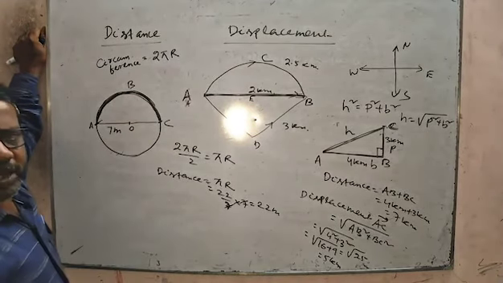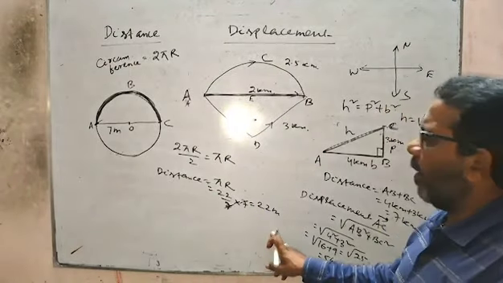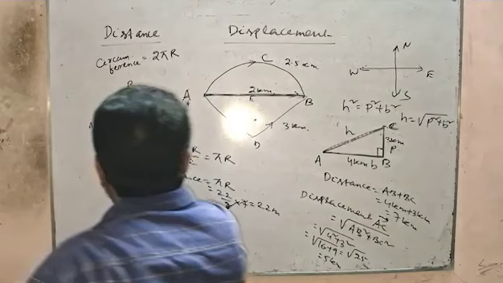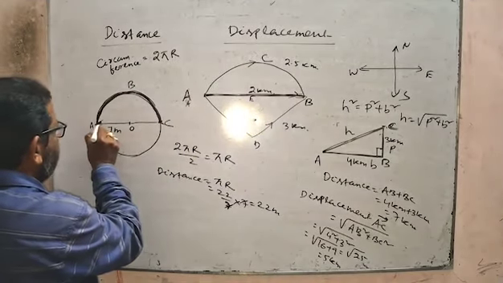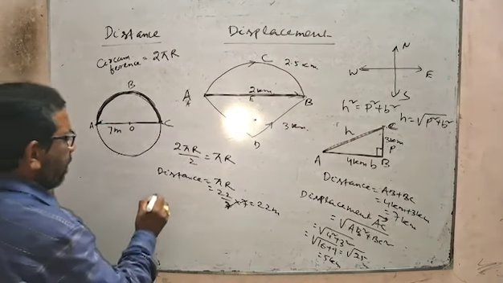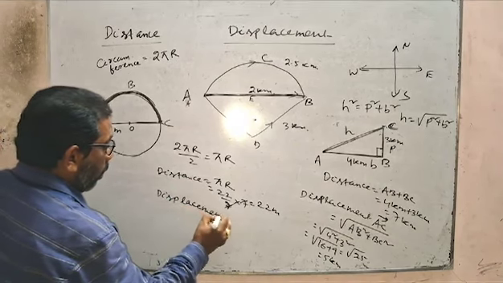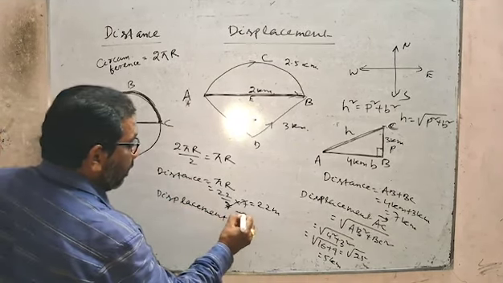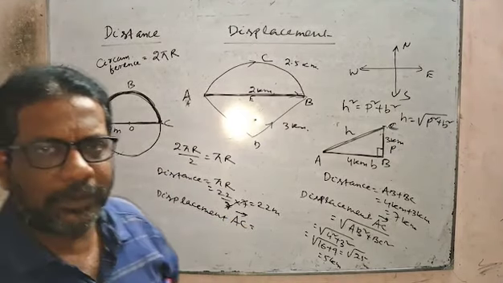Then what is displacement? Displacement is from the initial position A to the final position C, and AC is the diameter of the circle.